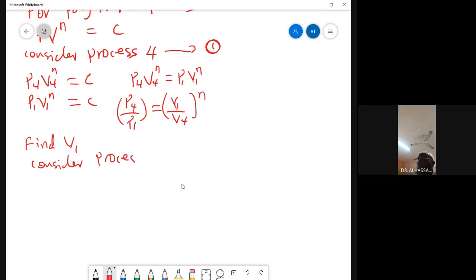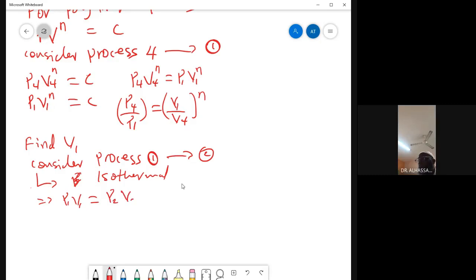So consider process 1 to 2. Since this is isothermal, it implies P1 V1 equals P2 V2. So my V2 equals P1 V1 divided by P2.